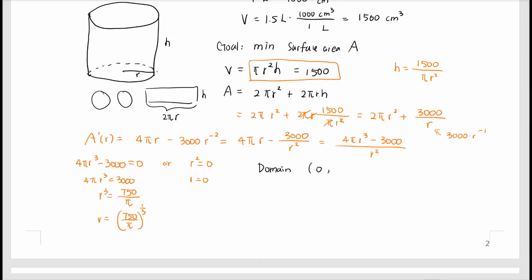Okay, how big can r be? Well, as big as you want, but your h is just going to be very, very small. So that is our domain, from 0 to infinity. And then this guy is not in our domain, so that's not the critical point. So we only look at 750 over pi and then take cube roots.